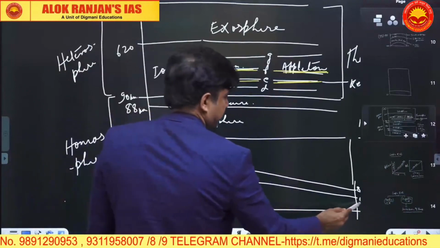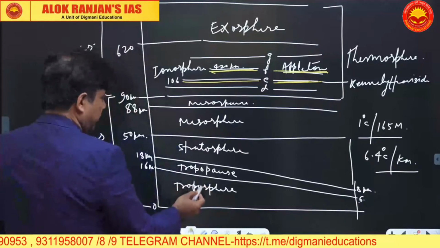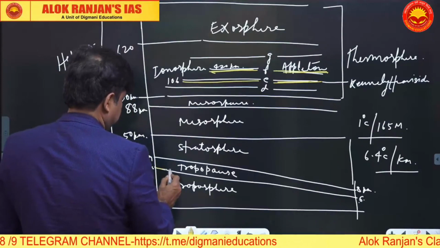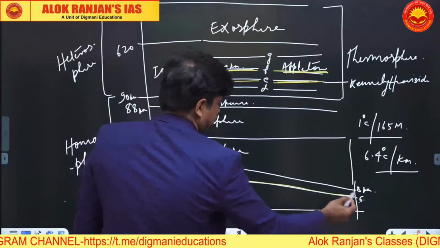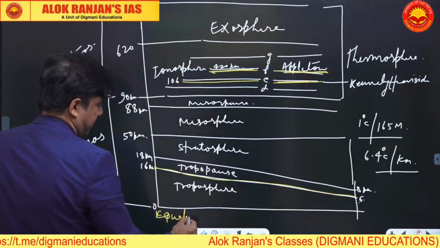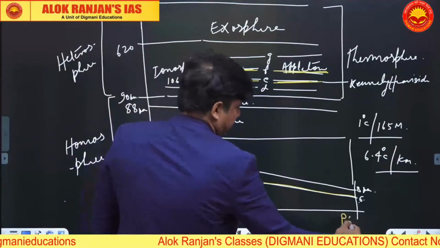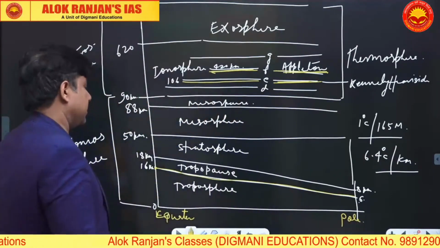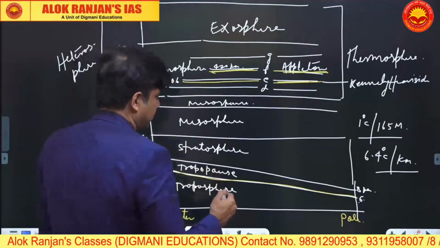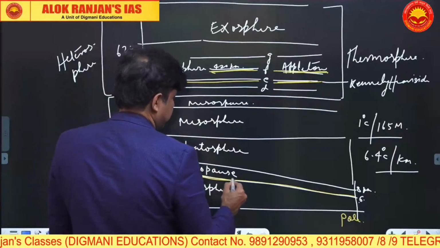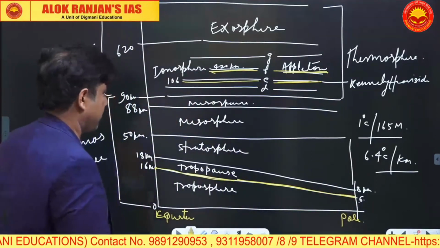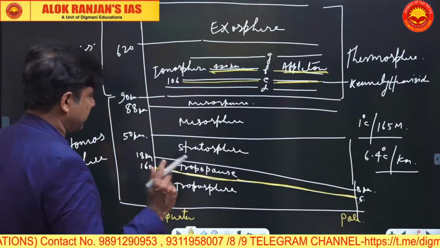Look, the troposphere is only 16 kilometers along equator. This is your equator, and this is your pole. Likho. Thus, tropopause is a slanting line.